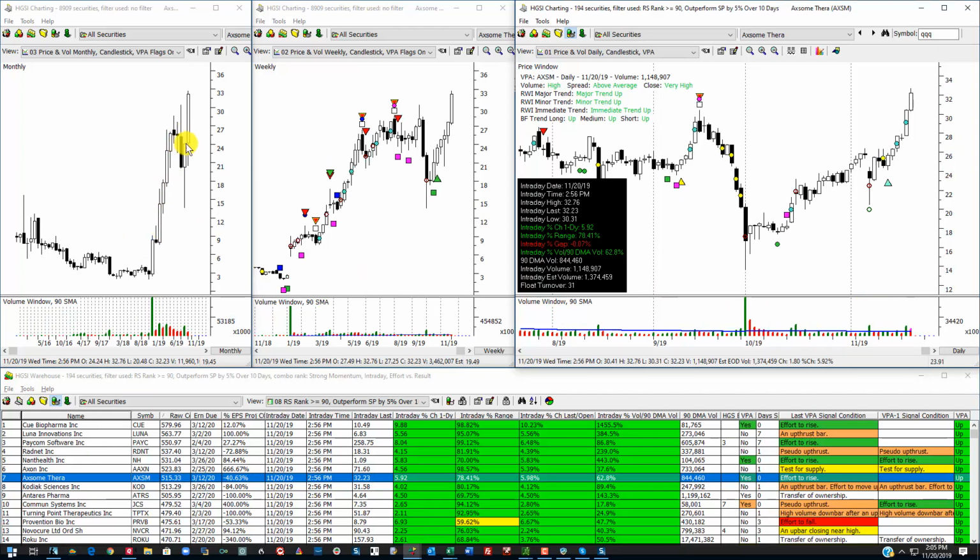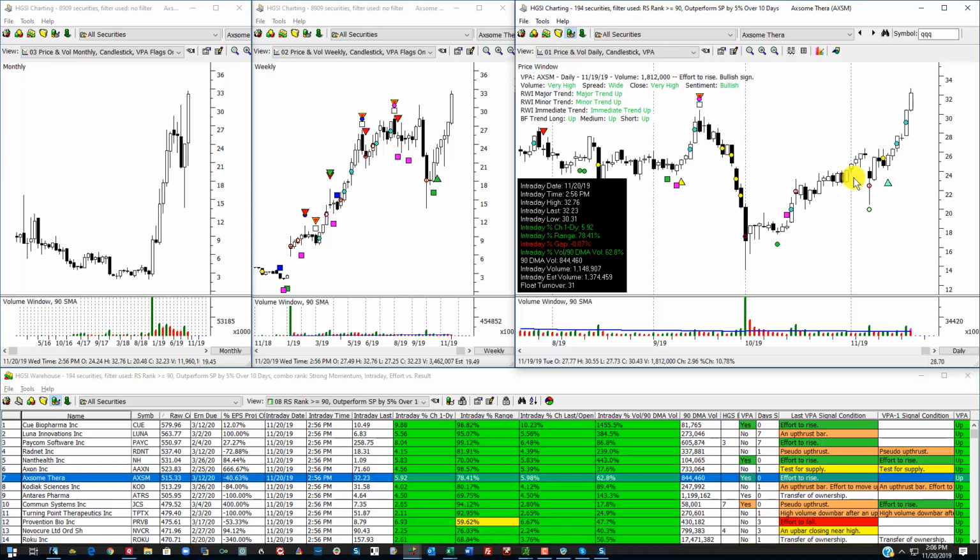Strong monthly, strong weekly, strong daily. Breaking out to a new high on all of these. There was an effort to rise. First of all, let's look at this one. High volume up bar closing on the high indicates strength. You can see that. Here's an effort to rise, another effort to rise yesterday, and this is what's happening today.